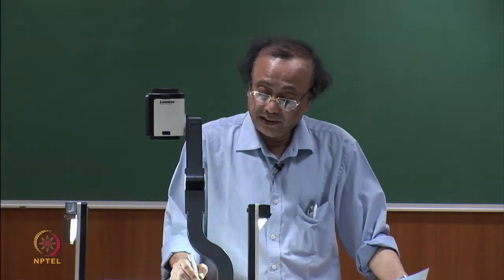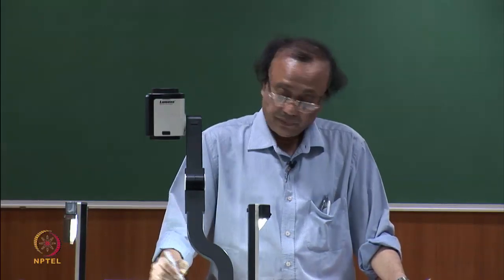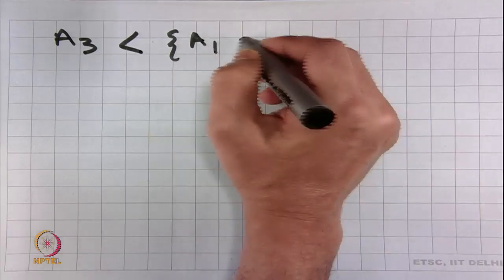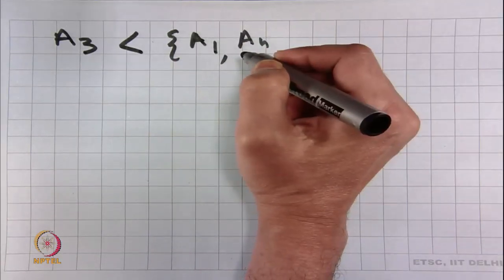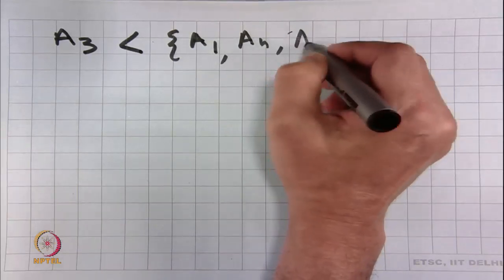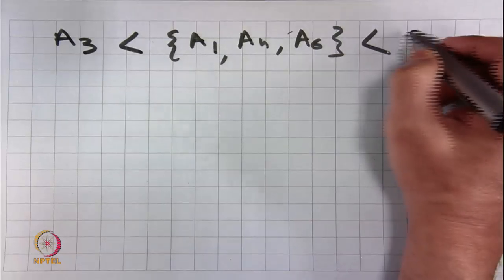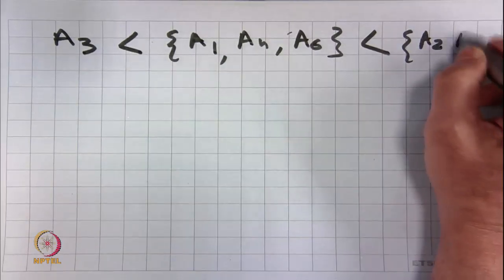A3 is the smallest, which is less than the set A1, A4 and A6, which are less than A2 and A5.